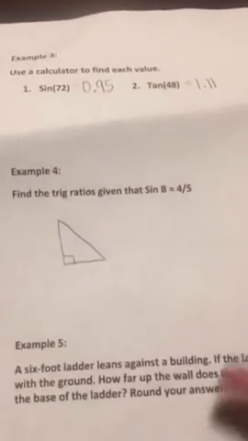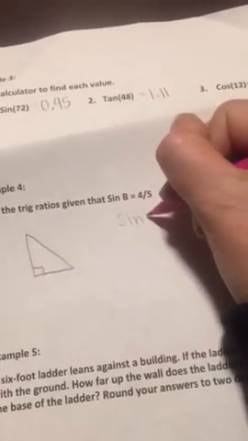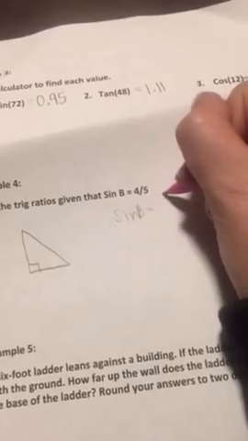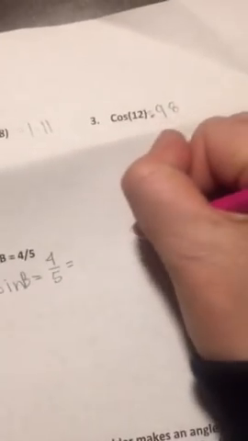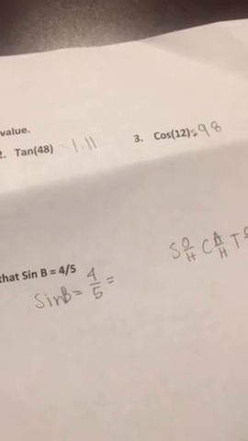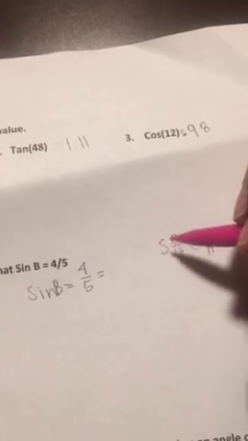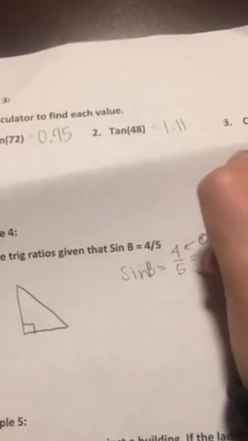Alright, I know that sine of B equals 4/5, which means sine is so. Sine is so. That means that this is the O, and that this is the H.